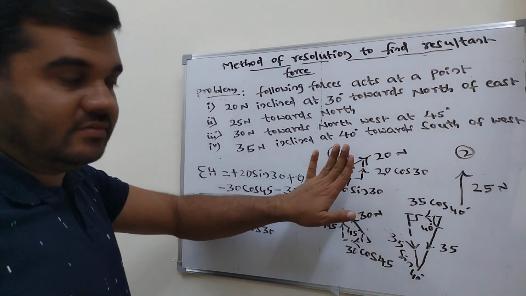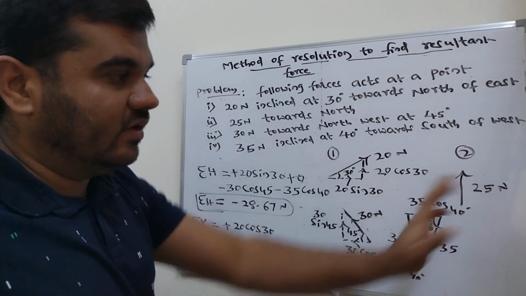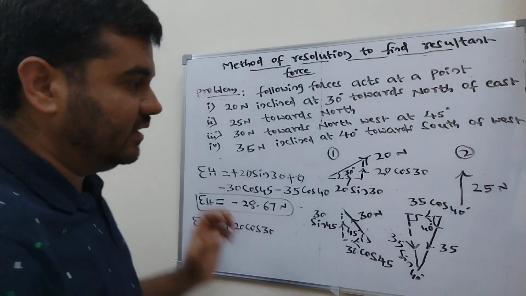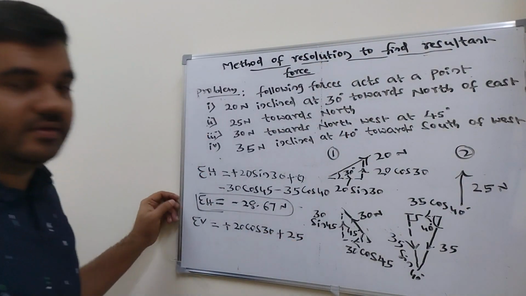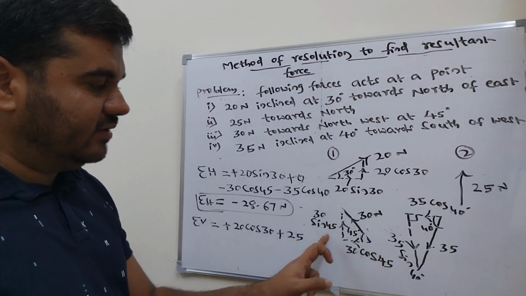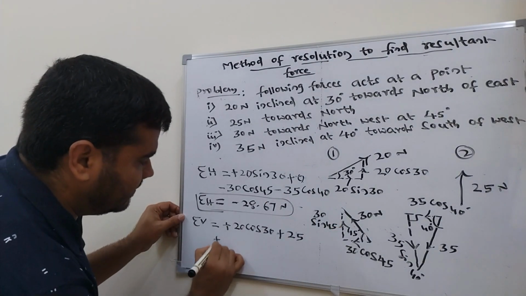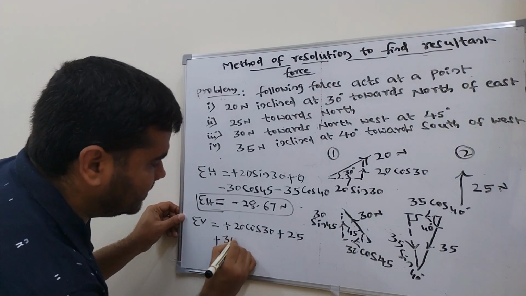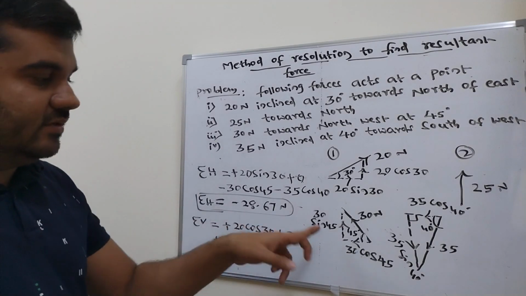First component is finished. Second, go here. You have the vertical component here. It is upward. That is plus 25. Okay. Next, third component. This is the vertical component. Is it plus or minus? It is plus. That is plus 30 sine 45. Okay. This is the third one.